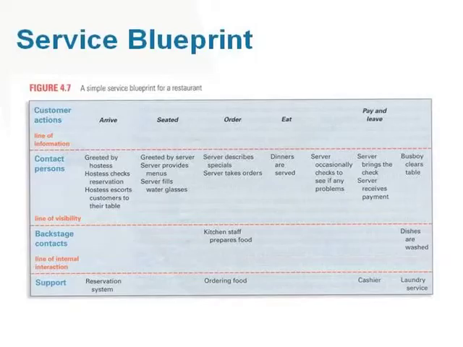For example, the picture that you are seeing right now is a service blueprint for a simple restaurant. You can see that we have separated it into 4 or 5 parts, like customer actions, contact persons, backstage contacts, and support.